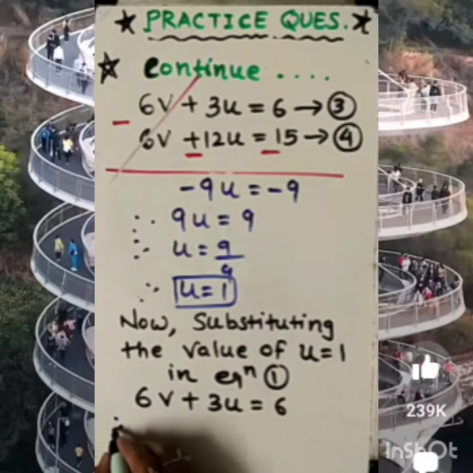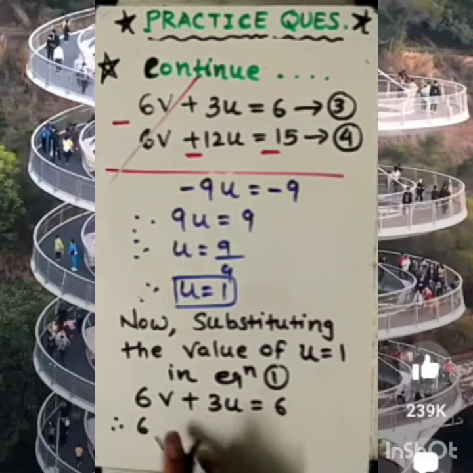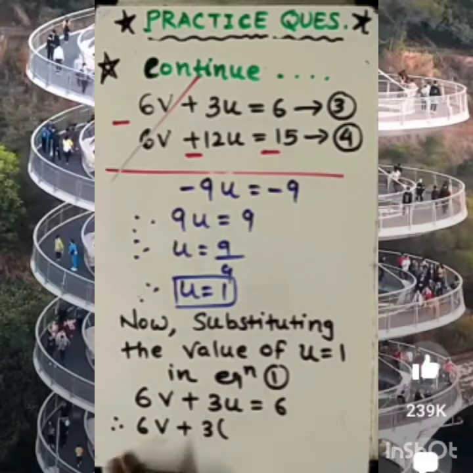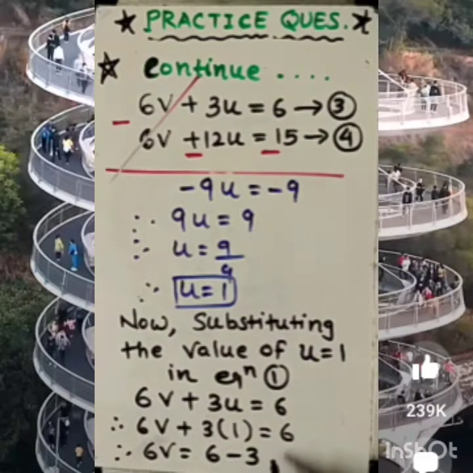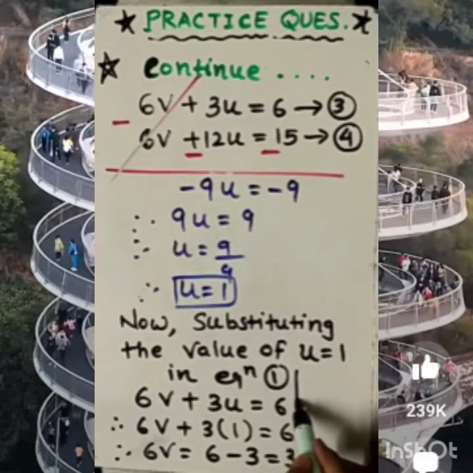Now in this equation we want to find the value of v, so in place of u, I am writing 1 here. Fine. So if it is 1, then of course 6v will be 6, minus 3 on that side. As we know, 6 minus 3 will be 3.